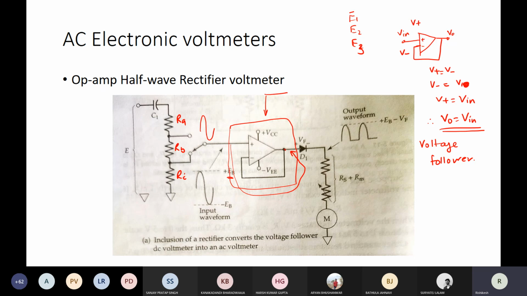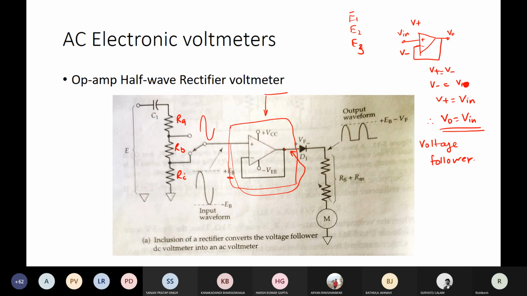Do you remember why we chose the voltage follower circuit? Perhaps for current effects, something like that. Perhaps that will affect the current flowing through the meter or something like that. Can you be more specific? It's quite vague.